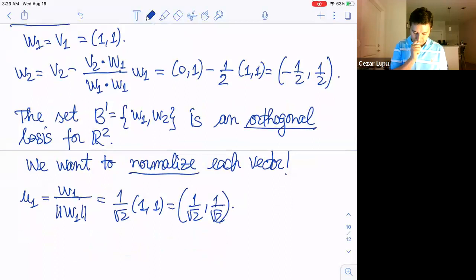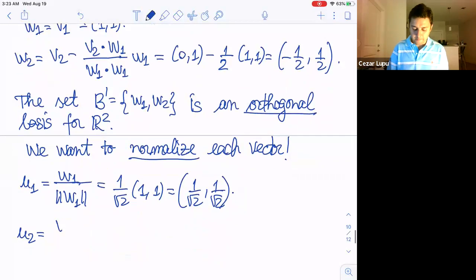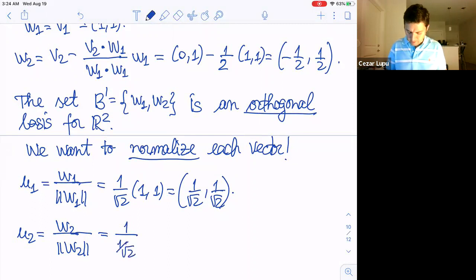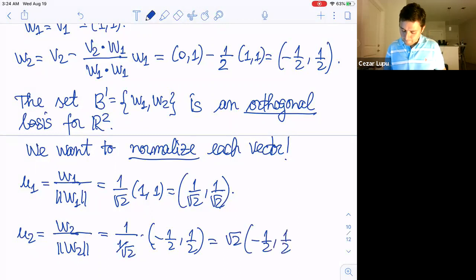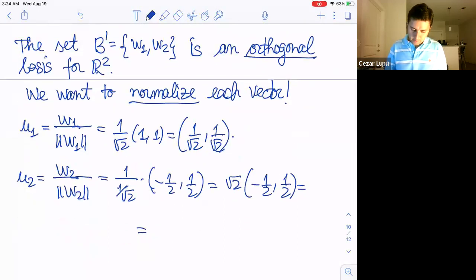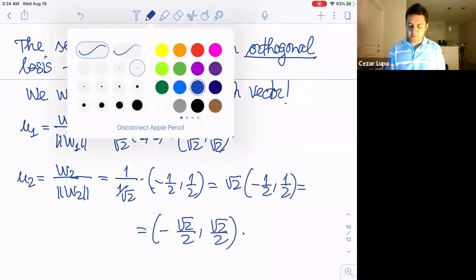Now the vector U2 will be W2 over the length of W2, which is 1 over square root of 2 times negative 1/2 and 1/2, which is negative square root of 2 over 2 and square root of 2 over 2. So these are my two vectors.